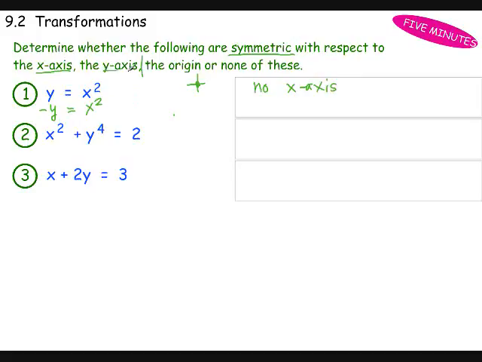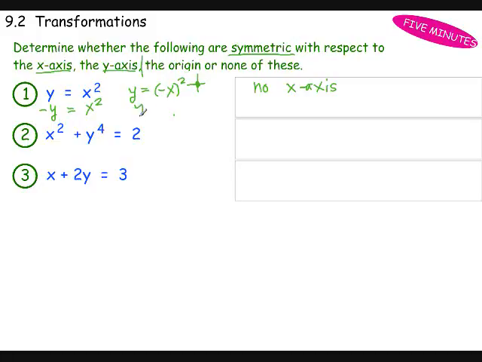Then we'll try for the y-axis. This is where we put in a negative x, and we get y equals negative x squared.